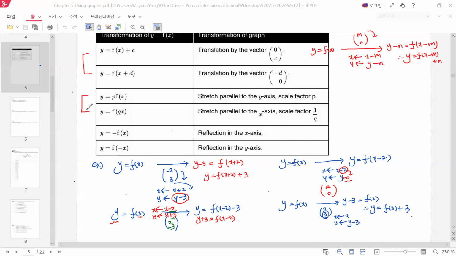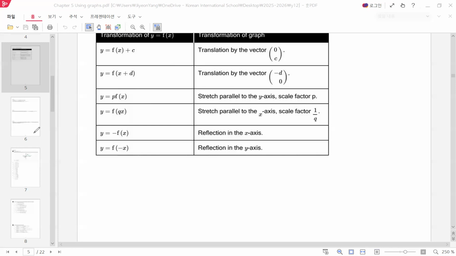And then let's do the stretch this time. Again, I am going to explain the x stretch and y stretch together.